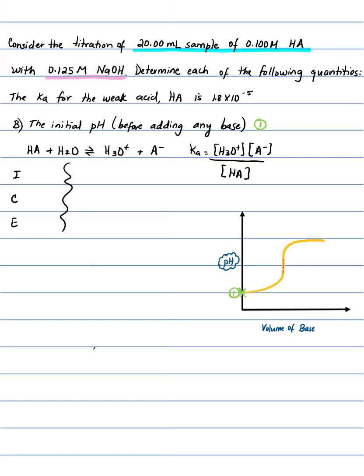So we have initial concentration for the weak acid, it's given, that's 0.100. Initial concentration for the ions, that's 0 because you're getting those from the dissociation of your weak acid.